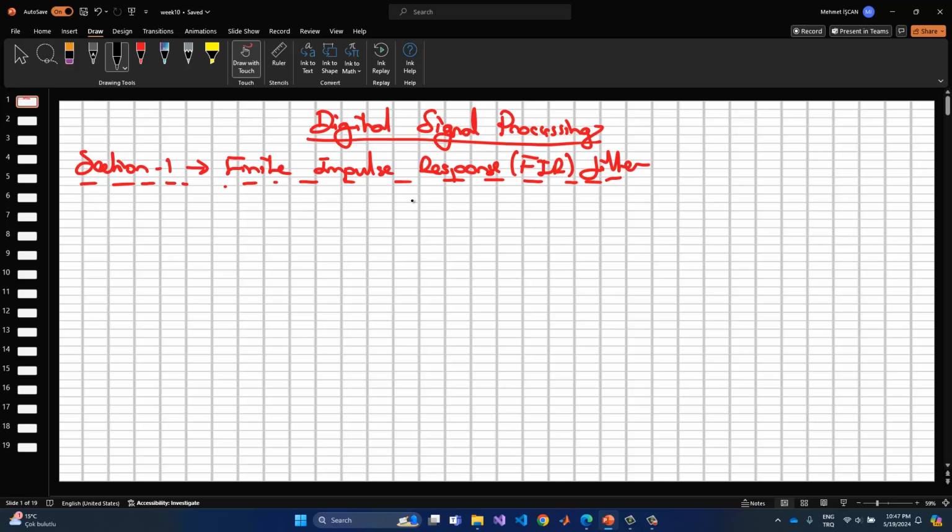what's the difference between the IIR, infinite impulse response filter? We must first say that up to now we have dealt with the IIR filter, because just like in the low pass digital filter designed in the previous lecture, this is called the IIR filter because it has a feedback.